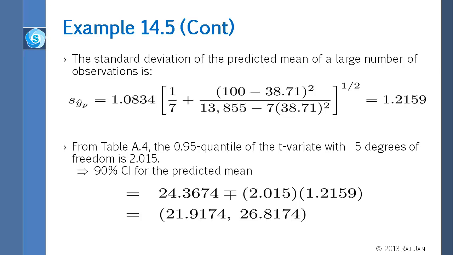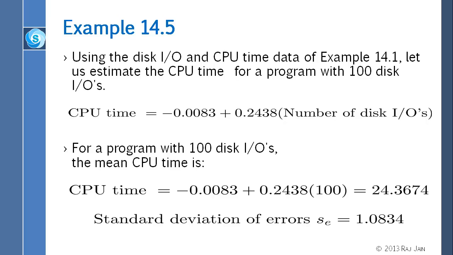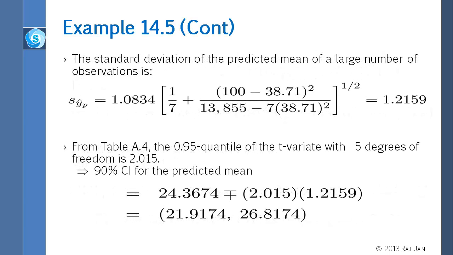So it is the 0.95 quantile, and that gives us basically these values. So the prediction, which was 24.36, could be anywhere from 21 to 26 with a 90% confidence interval.